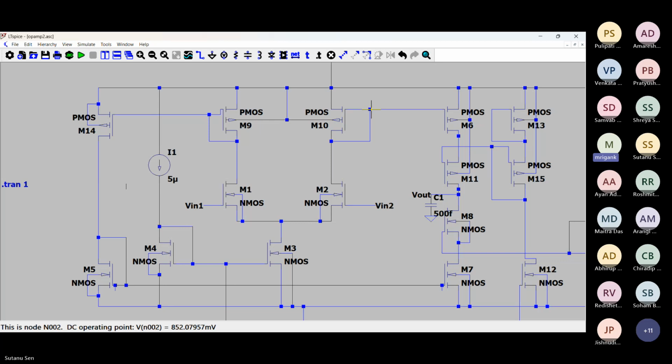There is some problem. Another thing is, can you just change, this should not have much effect, but the body terminal of both M1 and M2, you connect it to ground. All the NMOS body terminals, you connect to ground. It will not be connected to source. Yes, sir. The remaining things are not connected.